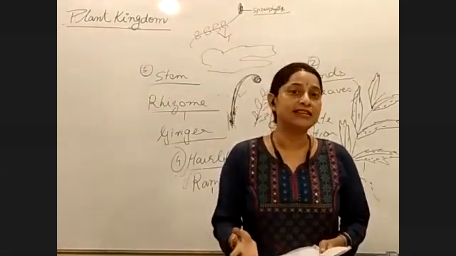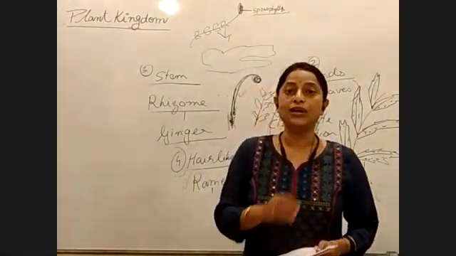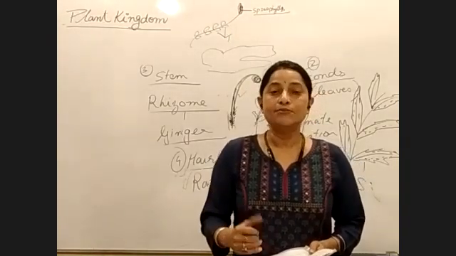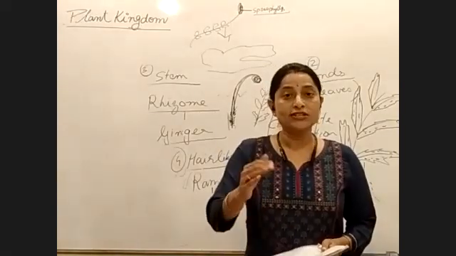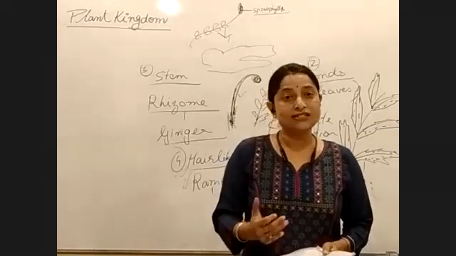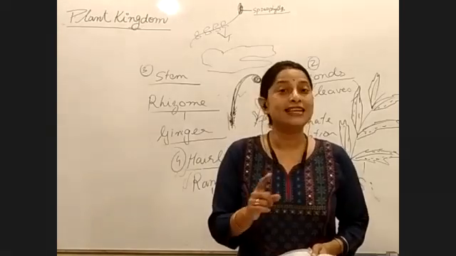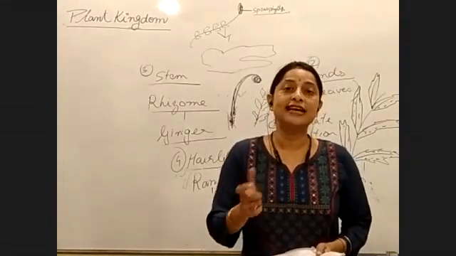I said this in the first class itself. Now we are comparing bryophytes and the next group, pteridophytes. Both have male gametes. What is the comparison? The flagellate condition. In bryophytes, it was the biflagellated male gamete. In ferns, we have multiflagellated male gametes.